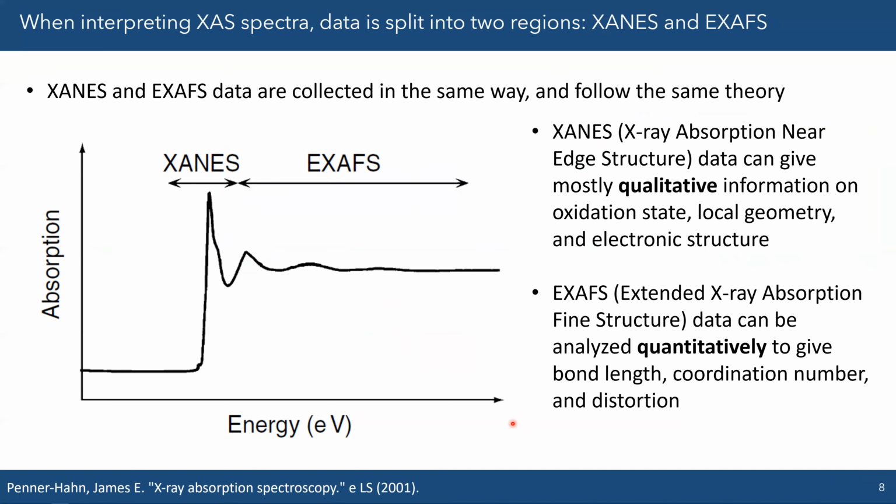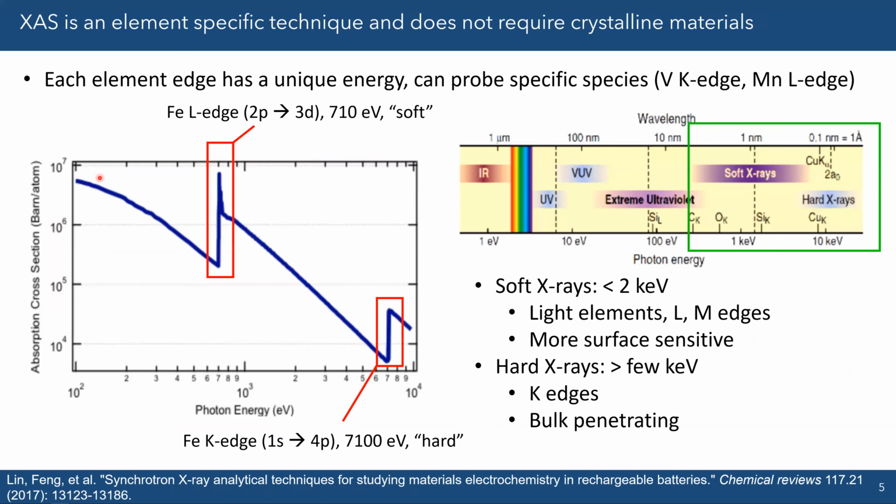So now that we know the experimental setup of XAS, let's go into the actual interpretation of XAS data. Basically, from our raw data, we process it a little bit and smoothen out the beginning and end curves so that they're flat.